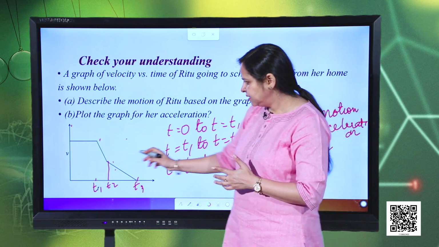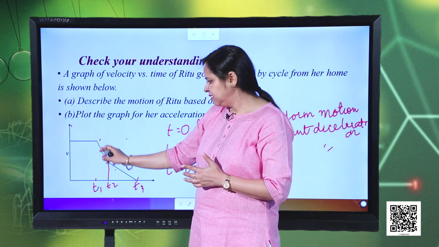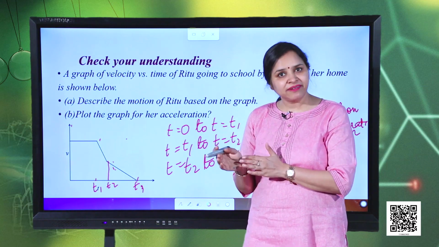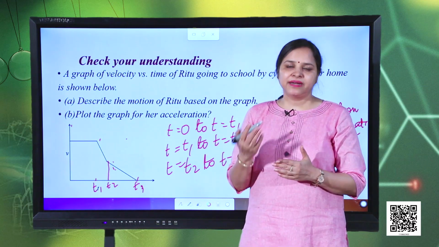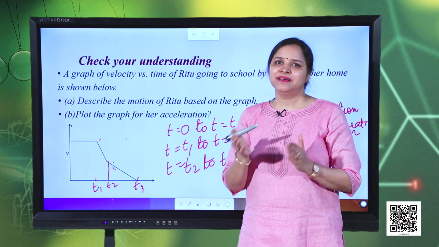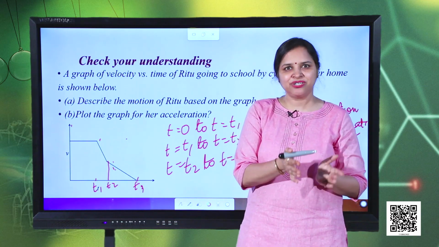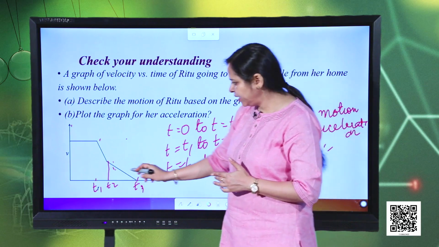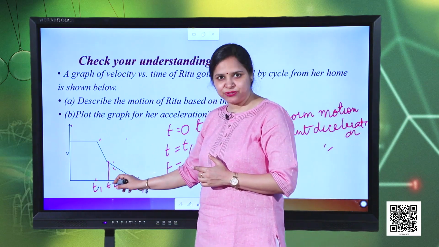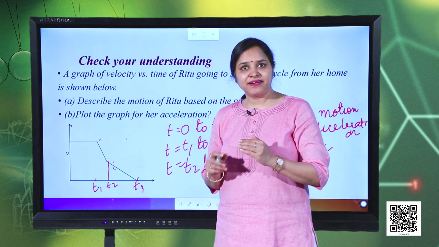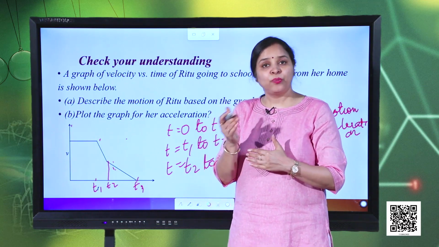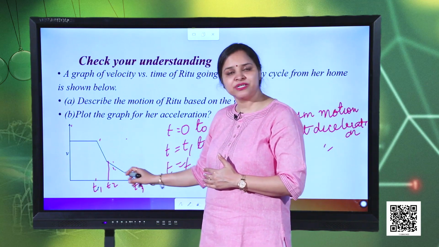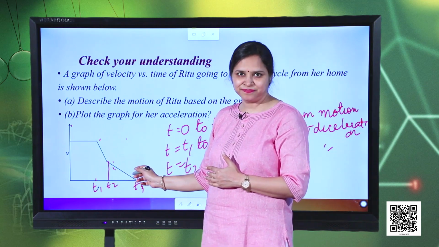We can see that the slope is greater during the time duration of t1 to t2. So, what does it represent? We know greater is the slope, greater is the acceleration or deceleration. So, we may conclude that during the time interval of t1 to t2, the rate of deceleration was greater compared to the rate of deceleration between t2 to t3.